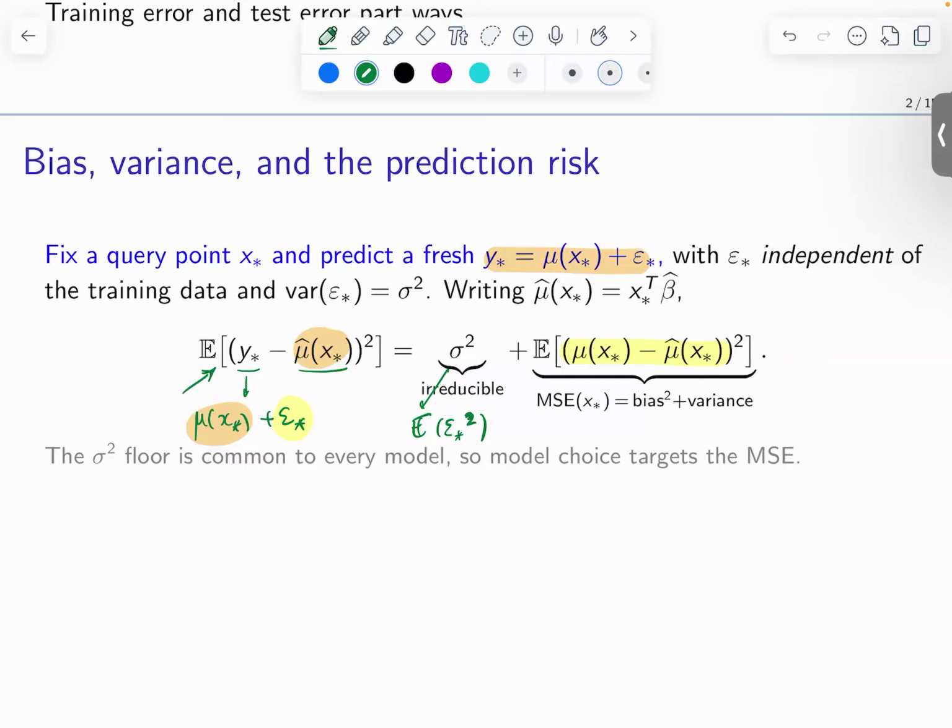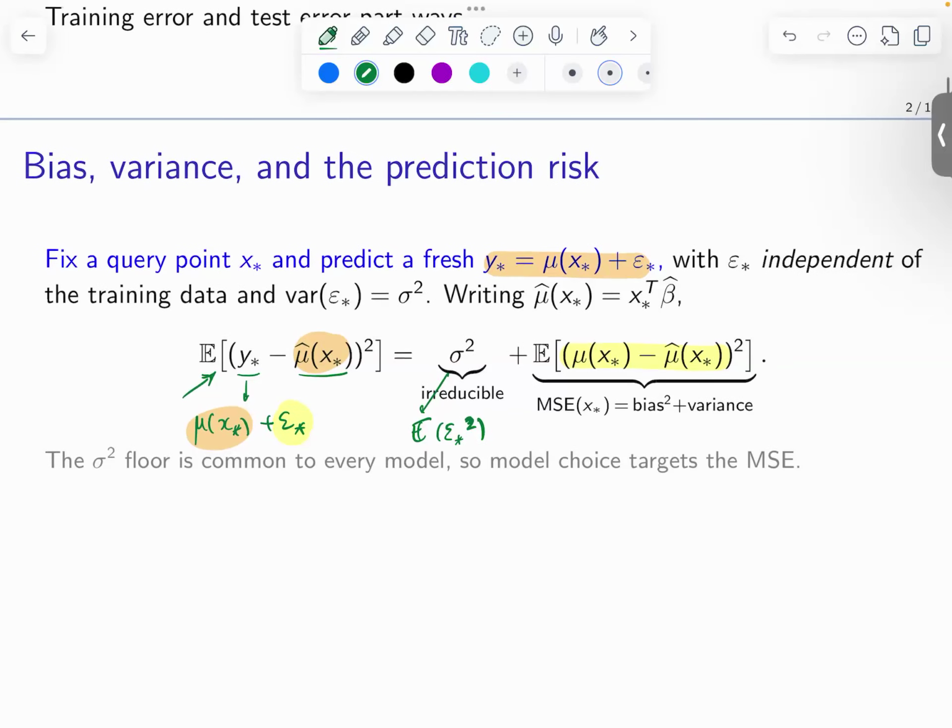It's very simple. So the first term is like an irreducible noise. This is the noise floor of the problem. No method can drive the test error to zero. You can see it here, unless there's no noise. If there is noise in the problem, this is the best that you can do.